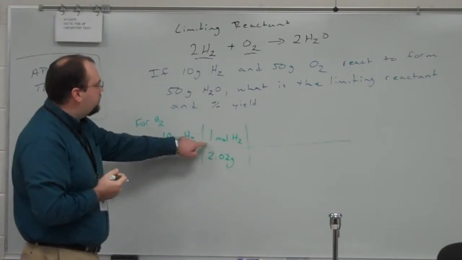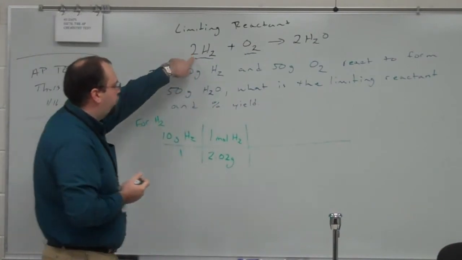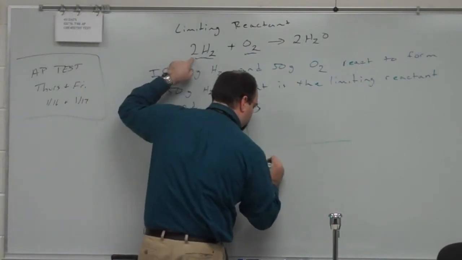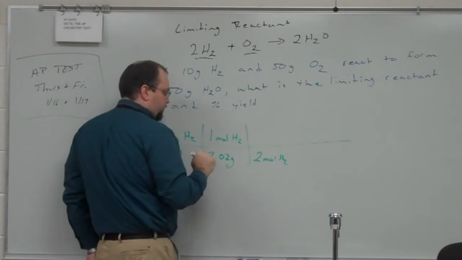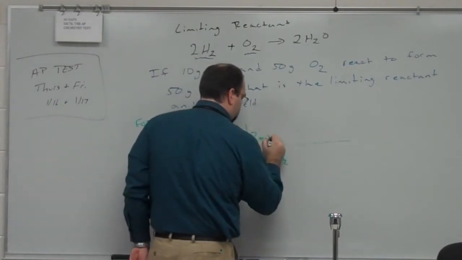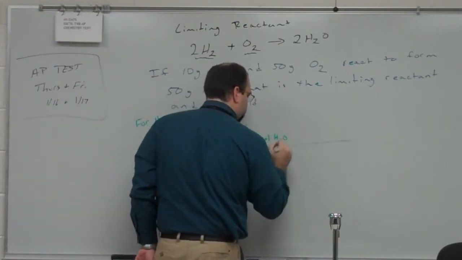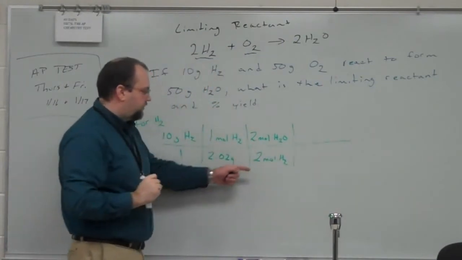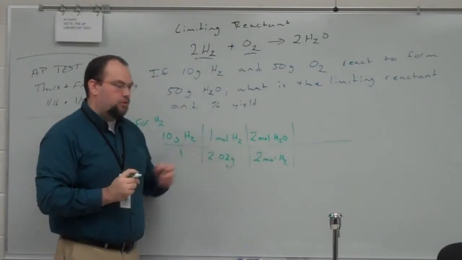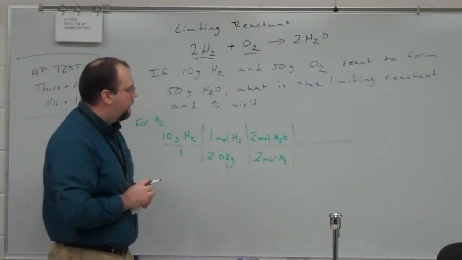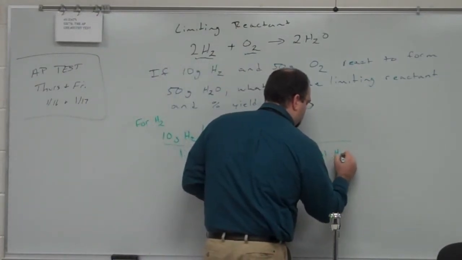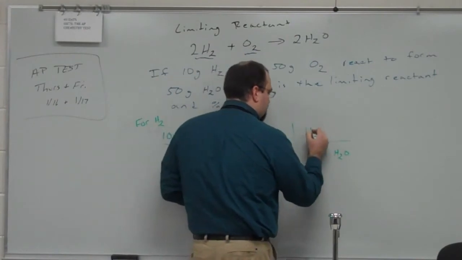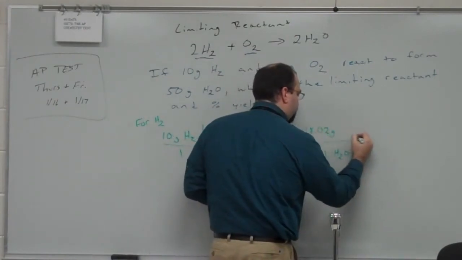From my balanced equation, I know that for every 2 moles of H2, 2 moles of H2O form. And then last but not least, I know that 1 mole of H2O weighs 18.02 grams.